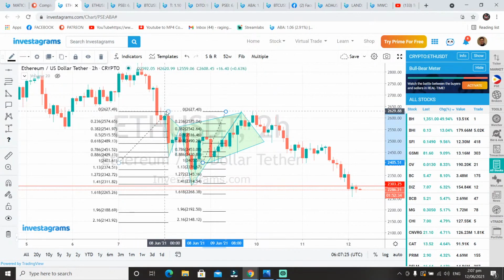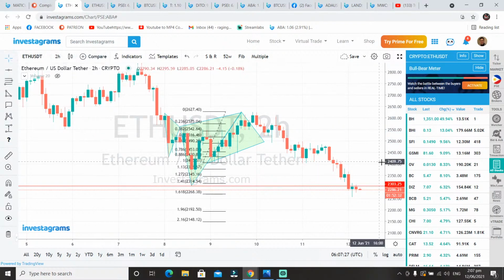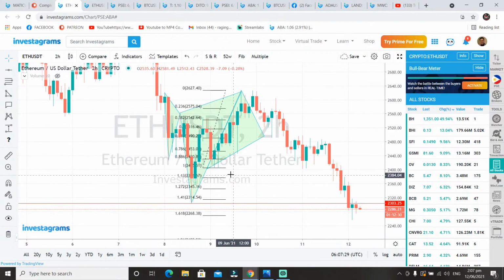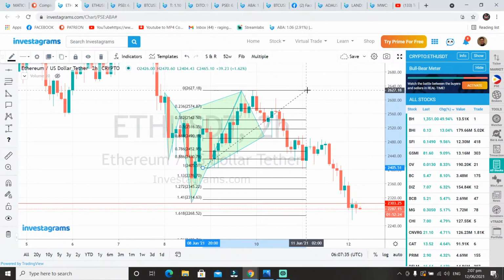I'll remove this one, then expand this. So X, A, then B. You could see X, A, B is already around the 50% level.